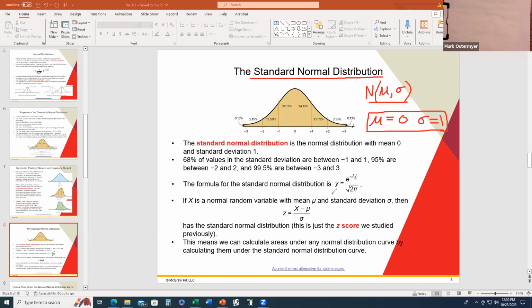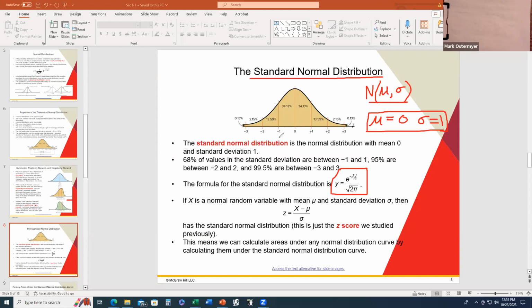But this is the function that generates the graph of the standard normal distribution, again, of which has a mean of 0 and a standard deviation of 1. All right. But like any normal distribution, the proportion of the area still obeys the empirical rule. So there's no difference.